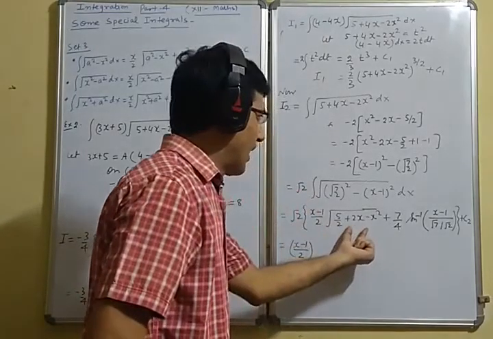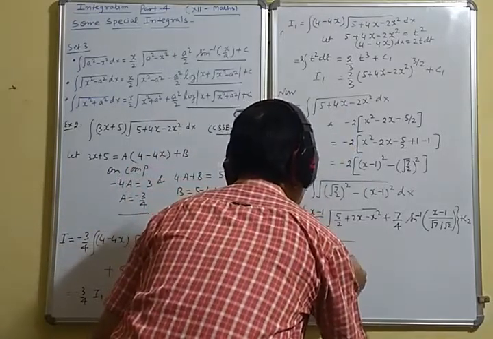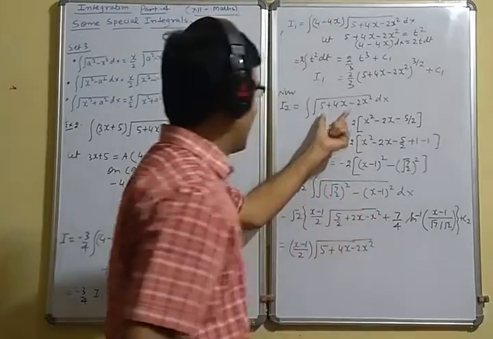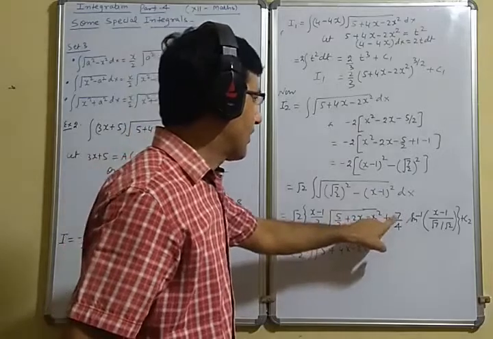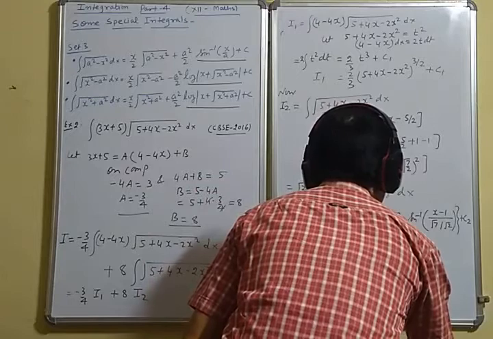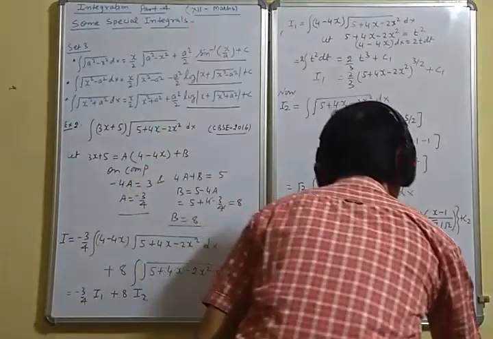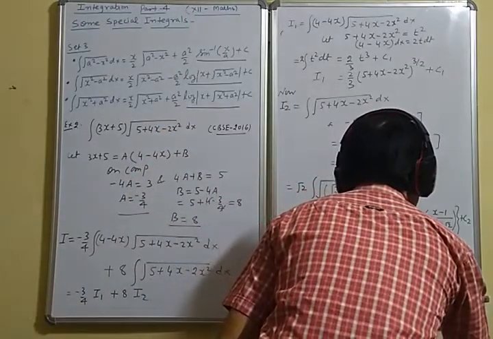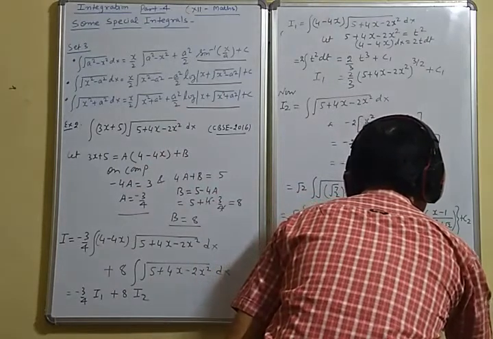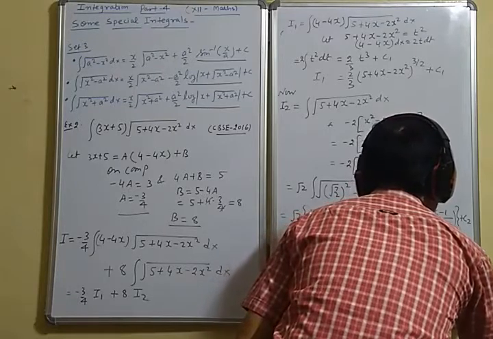If you multiply by root 2, it becomes 5 plus 4x minus 2x square as it is, and root 2 and 7, so this becomes 7 root 2 by 4 sin inverse root 2 by root 7 in bracket x minus 1 plus c.